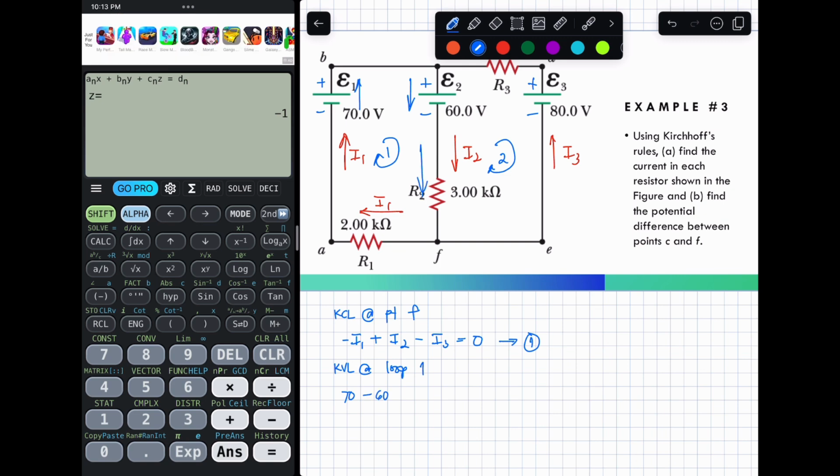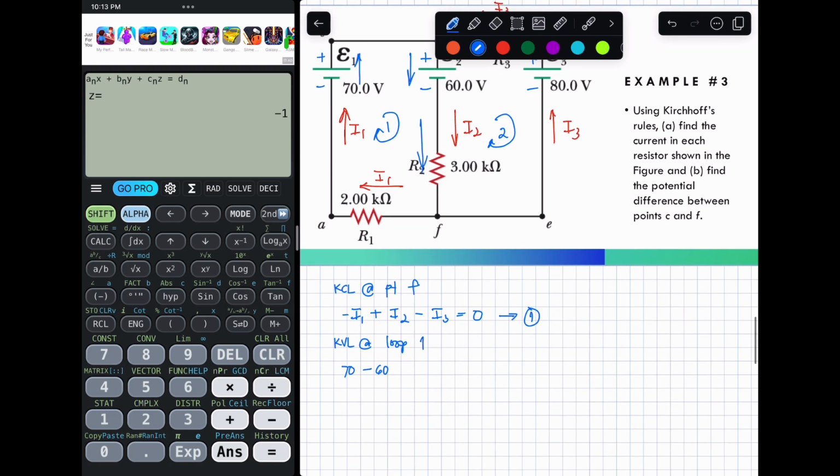And then for R2, it's along with I2, so that would be minus 3k times I2. And then for I1, this would be my loop, so that would make it negative, since it's along, so negative 2k I1 is equal to 0.